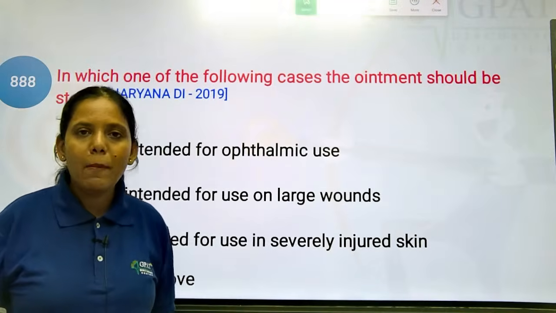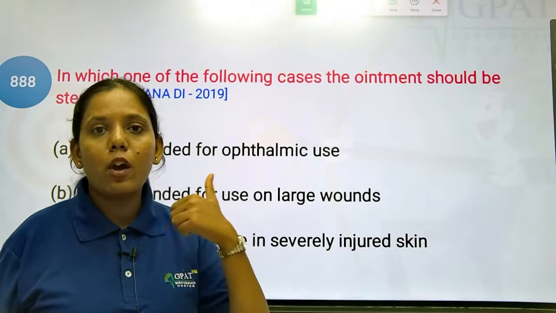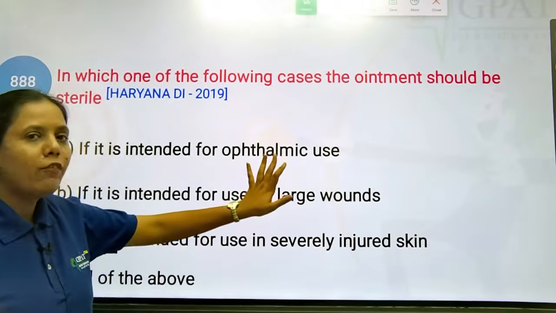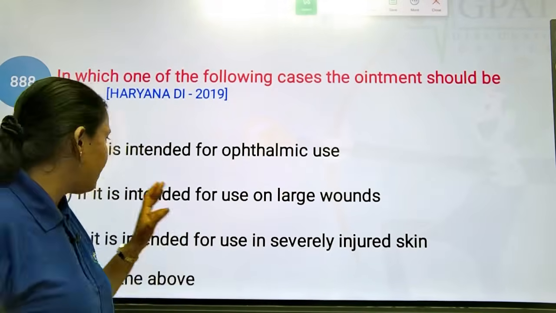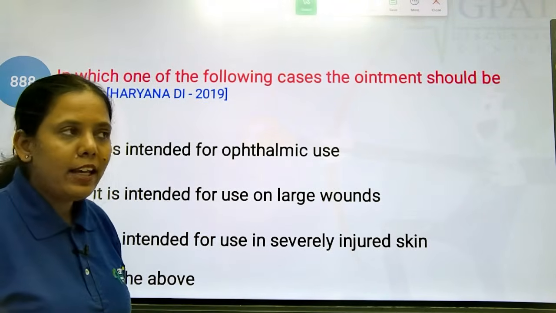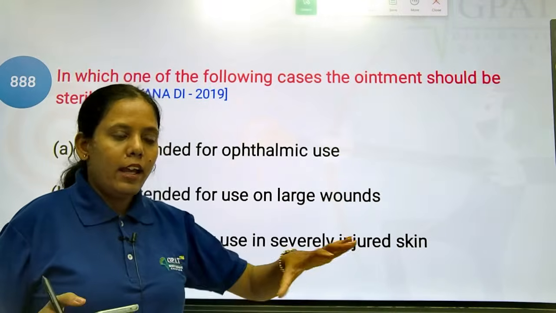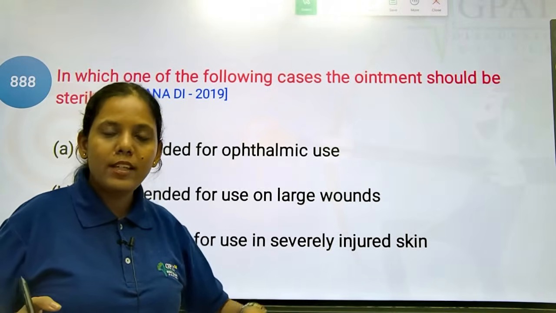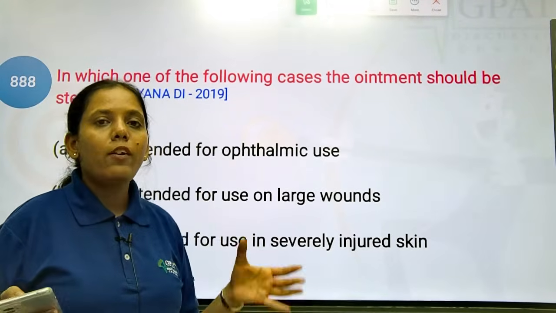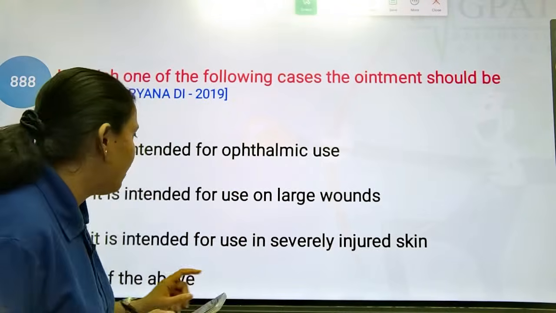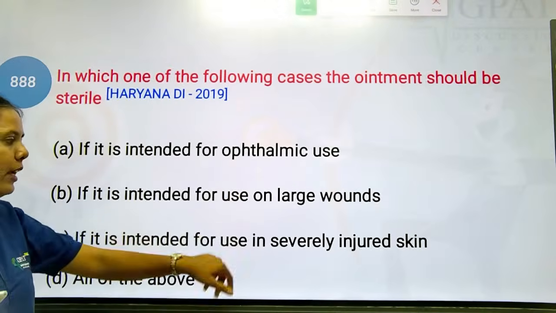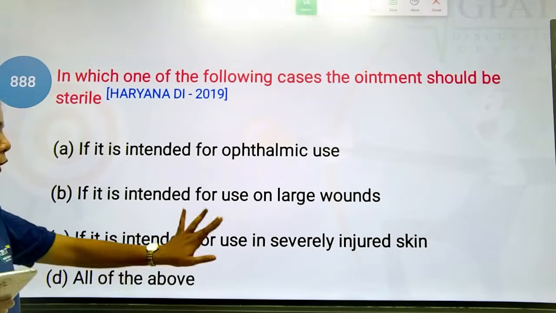Not necessarily pyrogen free, because pyrogen will not cross from the eyes, it won't go into the systemic circulation, right? But for ophthalmic, it should be sterile. That is mandatory. If it is intended for use on large wounds, definitely, like burns or any large wound, there are chances of microbial growth, so your ointment should be sterile. If it is intended for use on severely injured skin, that is the same. Option D is the right answer. Very good.